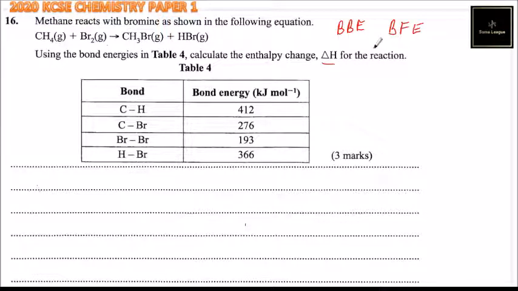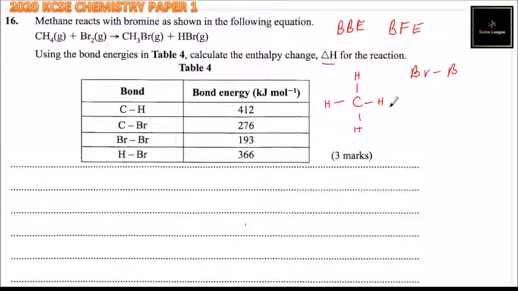Now, if you look at the methane, we have this bond. So we have methane, with 4 hydrogen bonds. Then we have Br and Br.